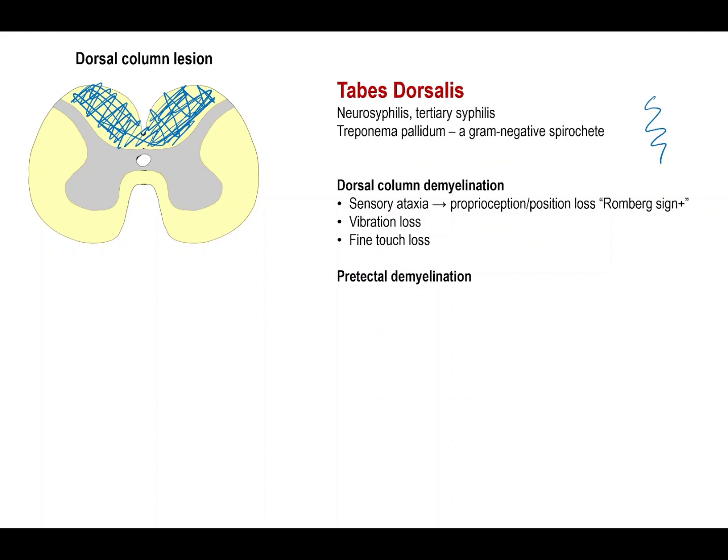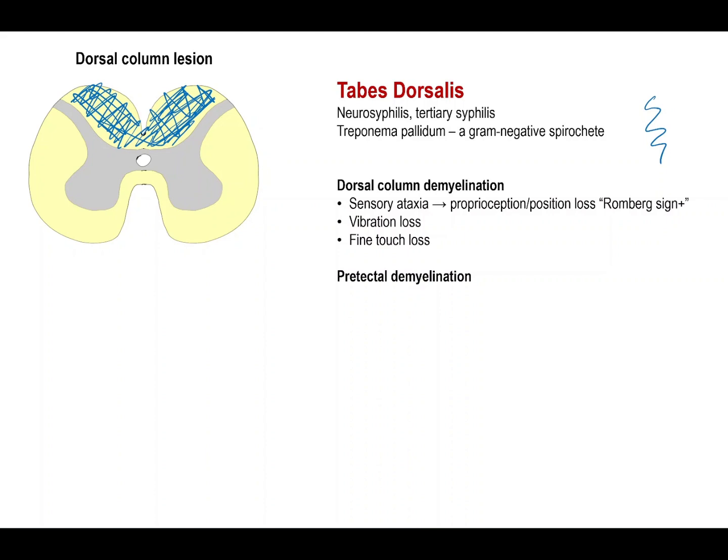In the midbrain, there's an area called the pretectal area. So sometimes syphilis can expand beyond or upward from the spinal cord into the brainstem, especially the midbrain, and there it can cause demyelination of the pretectal area.